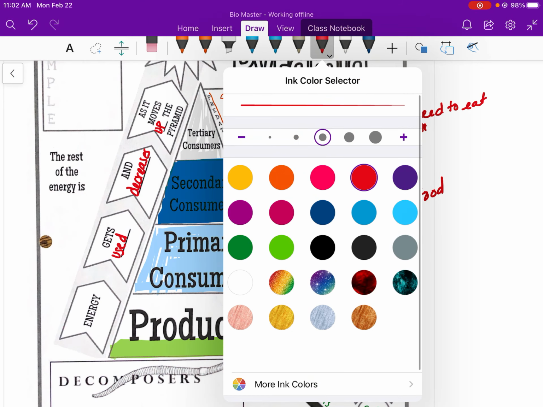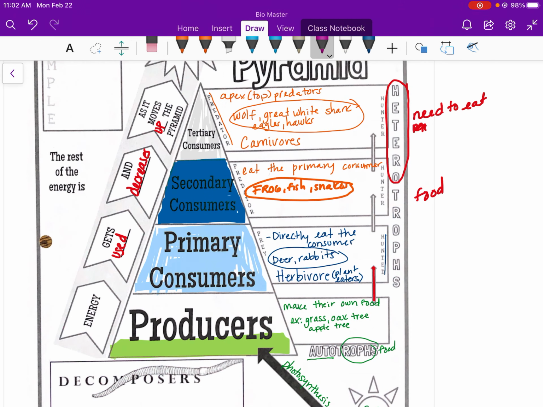So I'm going to write in, we'll choose purple, that if I have, we'll say 10,000 kilocalories of energy down here, when it gets to the primary consumers, remember it's the 10% rule, so I then only have 1,000 kilocalories. And then as I get to the secondary consumers, I have 100 kilocalories.